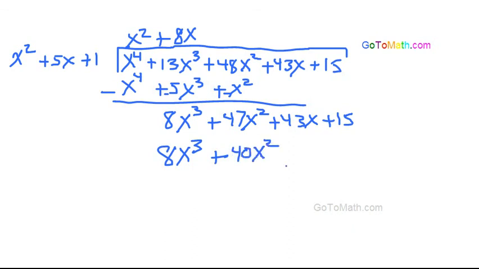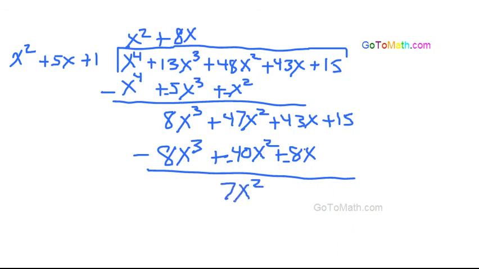Then 8x times 1 is just 8x. Alright, so we got a minus, that's going to be 0. That's going to make that 7x squared. And we have 43 minus 8. What is that going to give us?